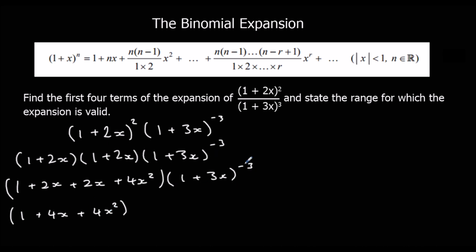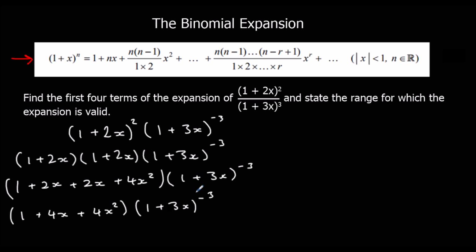Now I need to expand the second one. And I'm going to use this line from the formula book. So this is in the formula book, and it's for a binomial expansion in the form 1 plus something to the power of something. And so we've got (1 + 3x)^-3.